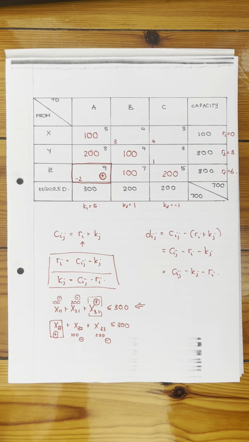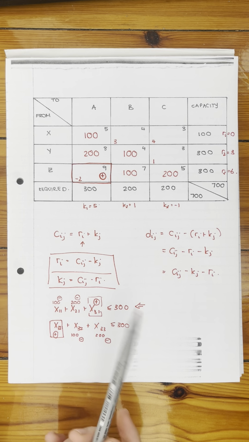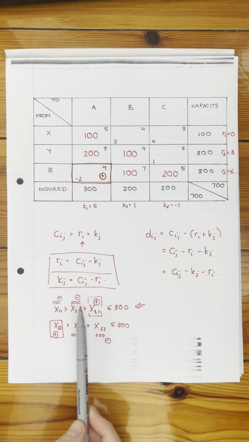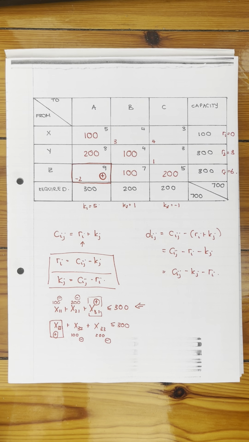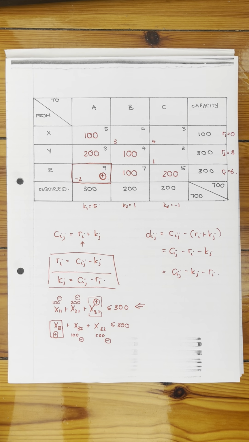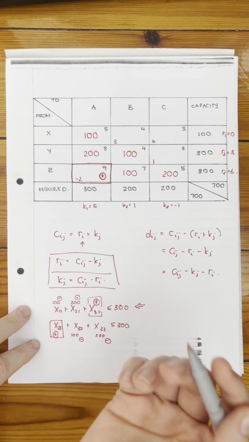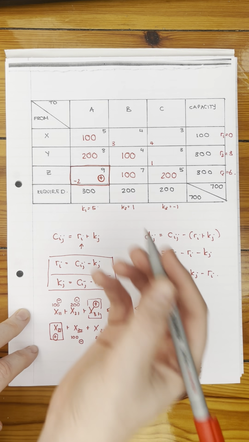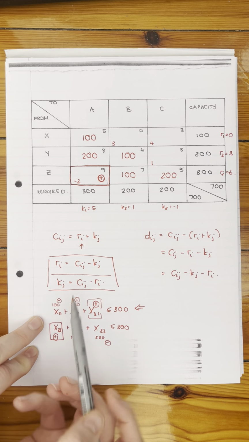Now, at this moment in time, we don't necessarily know which one is going to be beneficial for us. And the reason why this is going to be a bit of an effort is that if we do this, we're going to end up impacting the constraint of whichever one we decrease. So say, for example, that we do go through the process and decrease this one here, the x11.